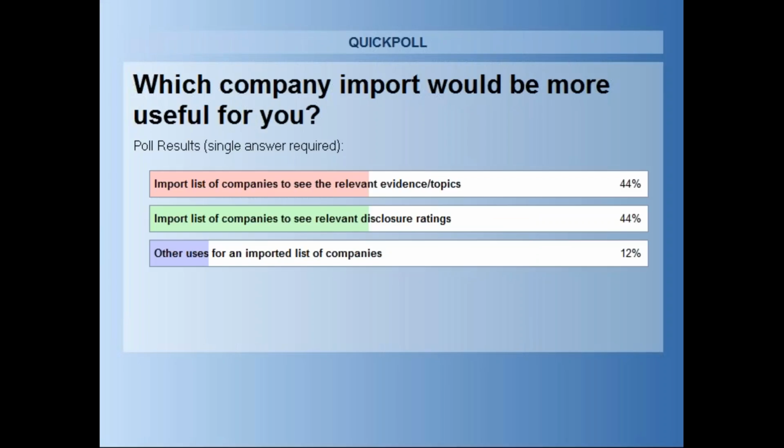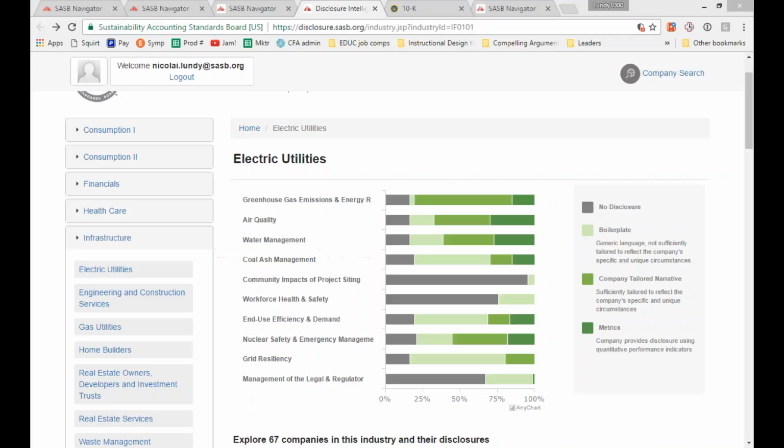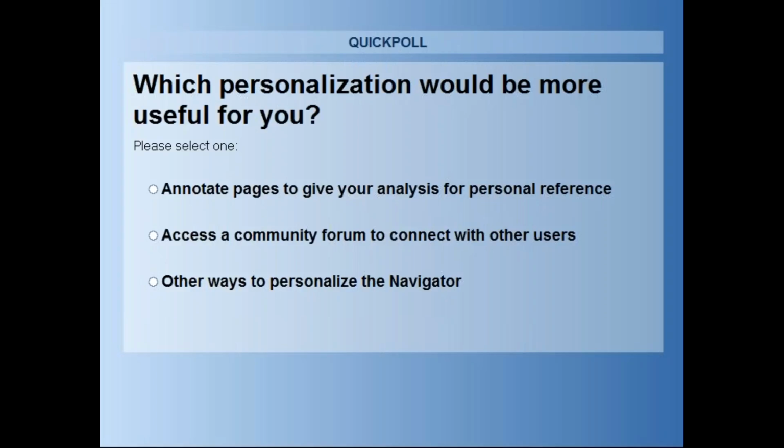Even split here, where we've got 44% on each for the different uses and then 12% with other uses. So that's good for us to know. We may need to iterate on this a little bit so that we can come back, or maybe do both. Let's do one more. Let's do two more actually for right now, and then we can get back to some questions.